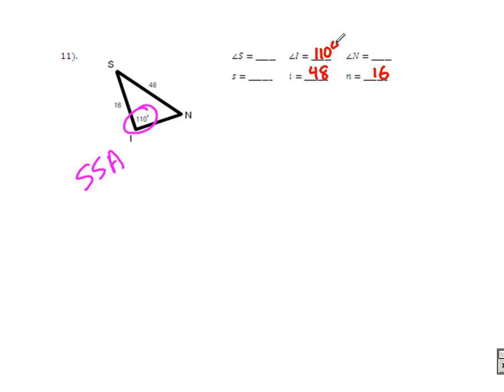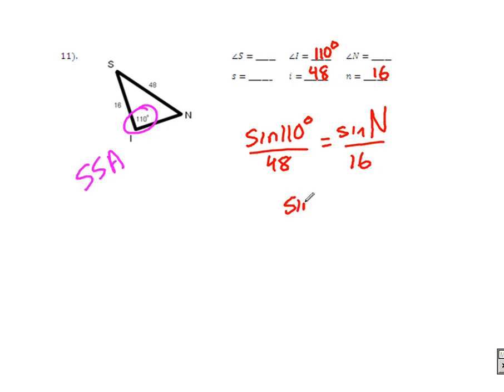Only one possible answer because it's an obtuse triangle. Sine of 110 over 48, we need to find angle N first, sine of big N over 16. Sine of N is going to equal 16 sine 110 over 48, which should be 0.314.